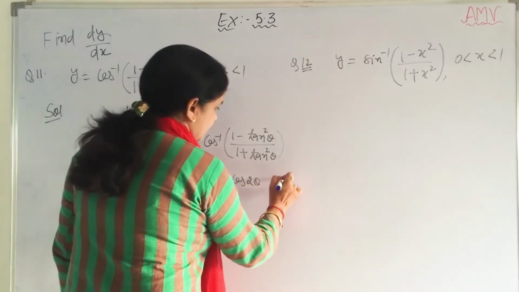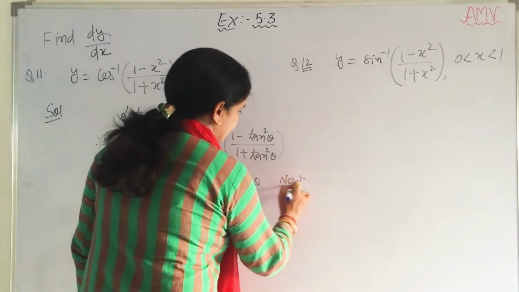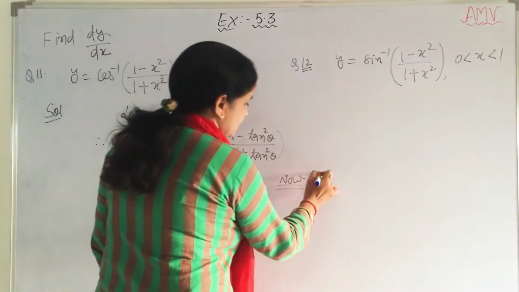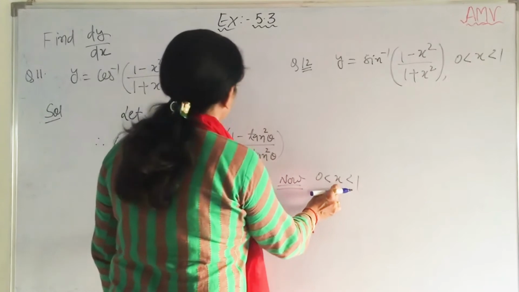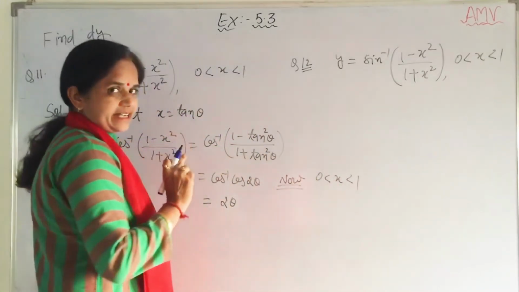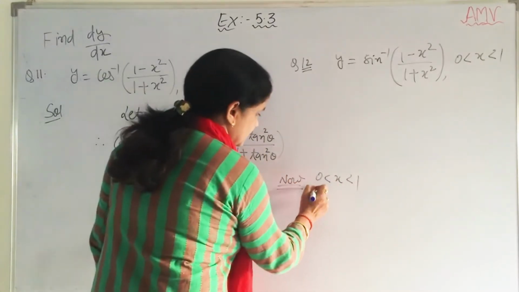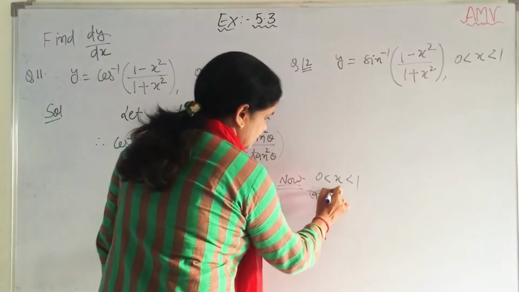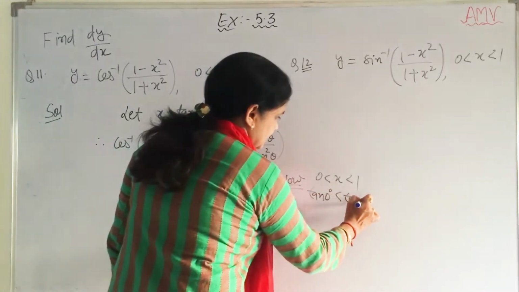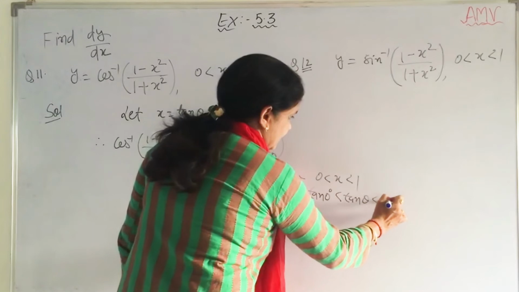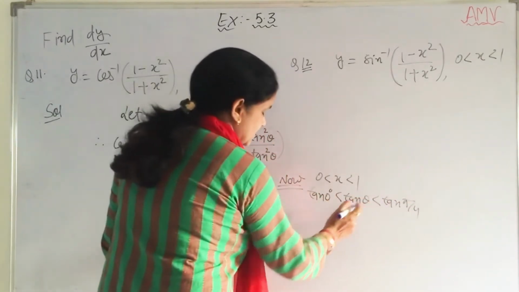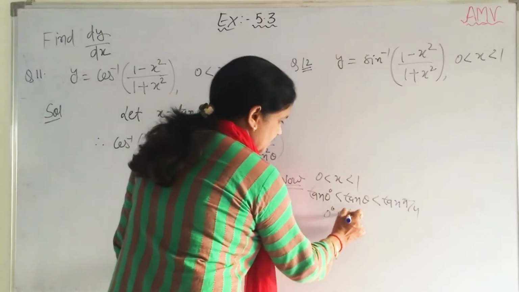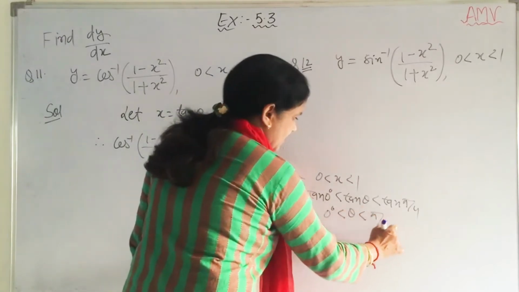But for here you have to write the range. It is given 0 is less than x is less than 1. In place of x we are taking tan theta. 0 is the value of tan 0, and here it is tan theta and it is tan pi by 4. So theta is between 0 and pi by 4.